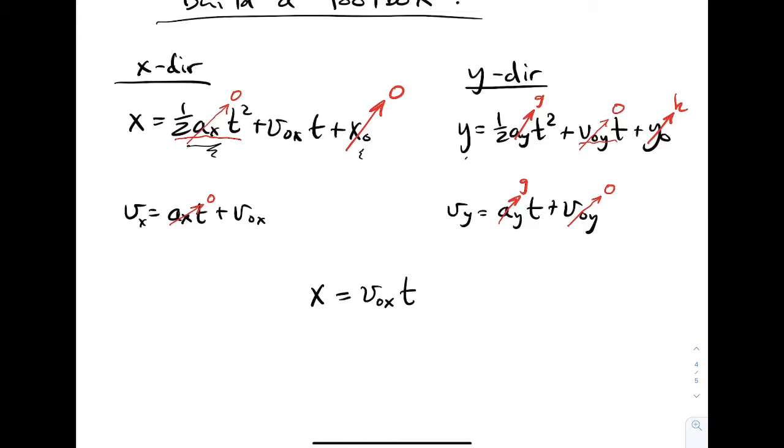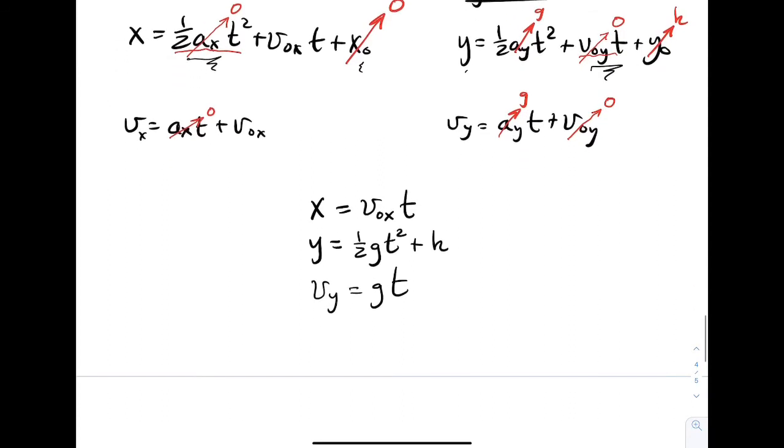Then I'm going to write my y equation. y equals 1/2 g t squared plus, and now this is 0, so we just have the h. We also have v_y equals g t, and v sub o y is 0, so we won't write it. And finally, we have v_x equals v sub o x. And this is our toolbox for the problem above.